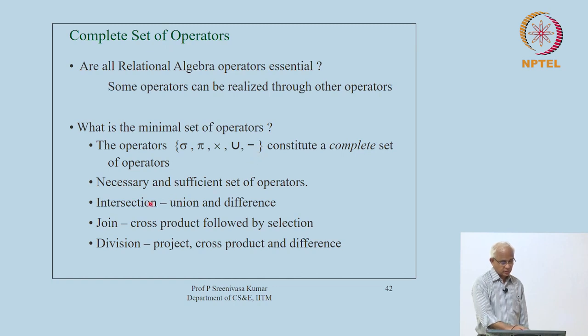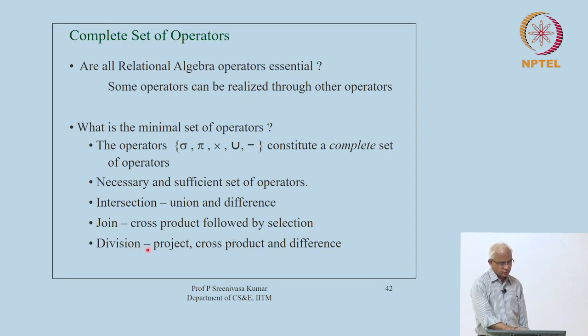The intersection can be realized through union and difference. You work it out as an exercise as to how you can realize intersection using union and difference. The join, as I already mentioned, can be done by cross product followed by selection.